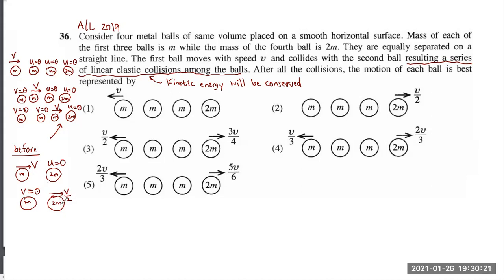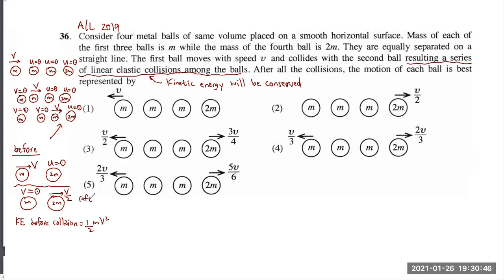But this is incorrect. You know why? I'm saying this is incorrect. Let me explain that. What is the kinetic energy before the collision? Kinetic energy before collision is half mv square. If you take this as the outcome, this is a guess.